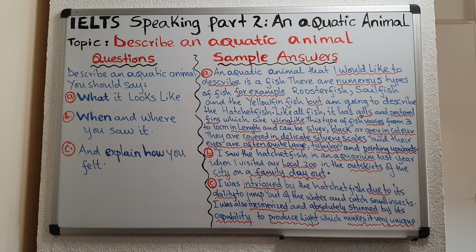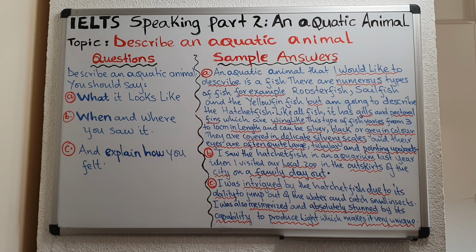You become very curious. You're interested and curious to know more about what you're looking at. And then I explained why I was intrigued when I saw the hatchet fish.